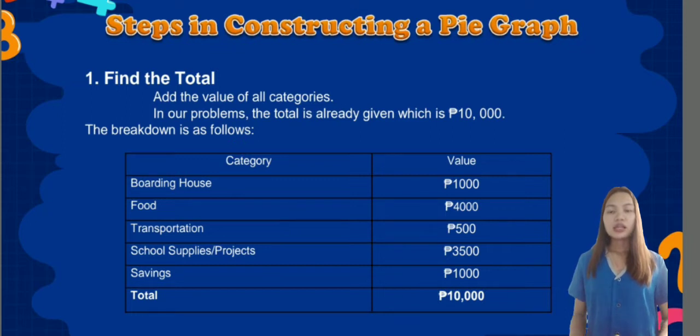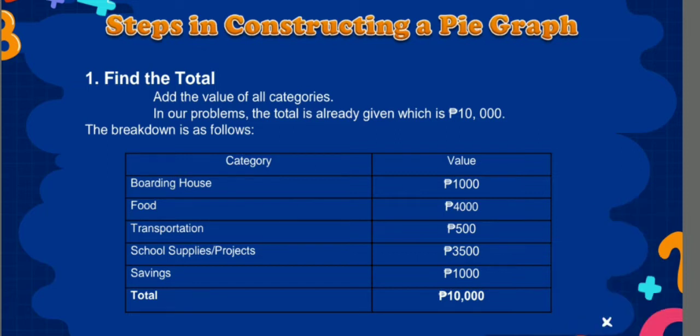Transportation is 500. School supplies and projects 3,500 pesos. Savings is 1,000. So if we total the values, 1,000 plus 4,000 plus 500 plus 3,500 plus 1,000 is equal to 10,000.